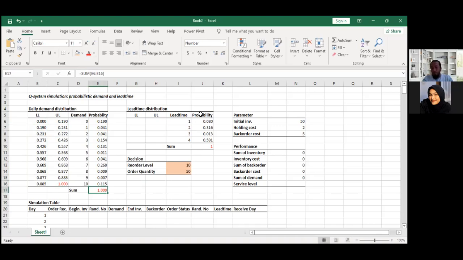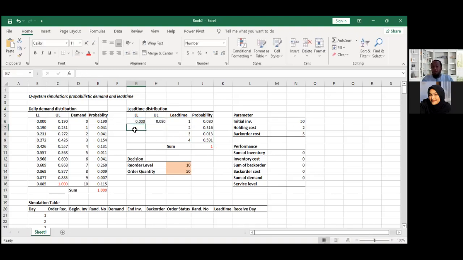Okay, then we do the same for the lead time. For the lead time, based on our experience, for example, the lead time can be 1, 2, 3, or 4 days. And based on the previous data, this is the probability, and the sum of the probability must be 1. For the lower limit, it equals 0, and the upper limit equals the lower limit plus the probability.